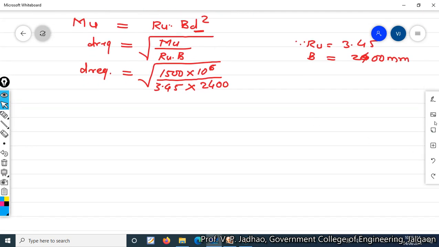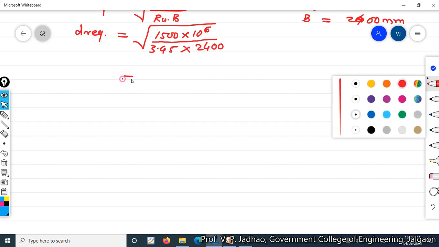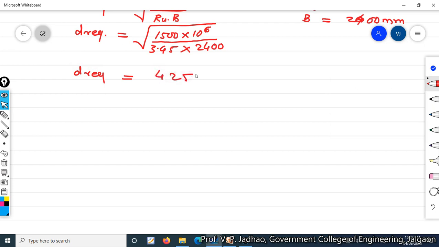If we solve this equation, the value of d required is equal to 425 mm. This is the depth from bending moment consideration.